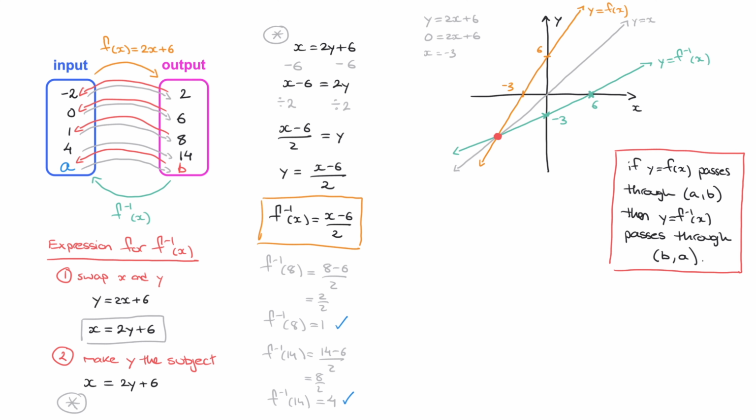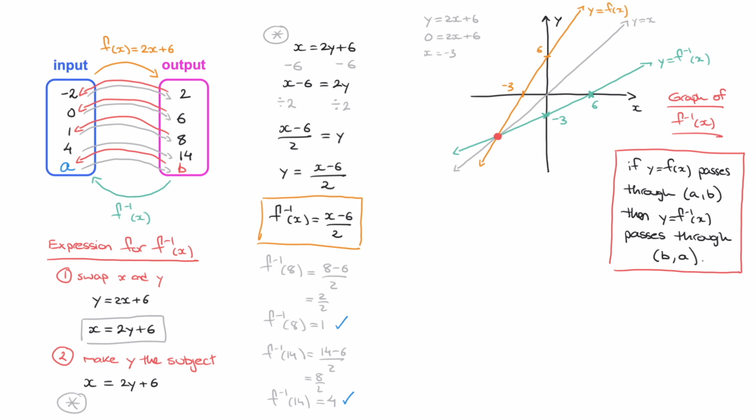Again, that will always be the case. If a function and its inverse intersect, then that point of intersection must lie on the line y equals x. It's also worth mentioning that if a function f of x crosses the line y equals x, then the inverse function must also cross that line at the same point. There we go. That's how we can graph, or sketch, inverse f of x.